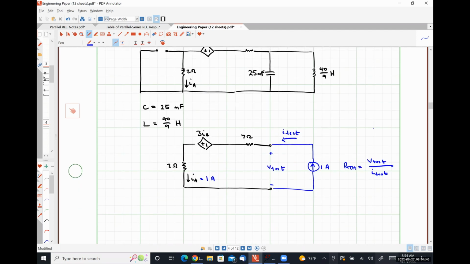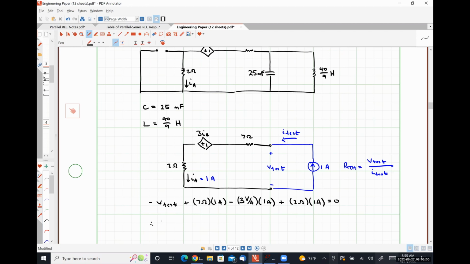So applying Kirchhoff's voltage law, I can see that negative V test plus 7 ohms times 1 amp minus 3 volts per amp times 1 amp. So I'm just giving that 3 the correct units for a current controlled voltage source. Then I'm going to have plus 2 ohms times 1 amp is equal to 0.